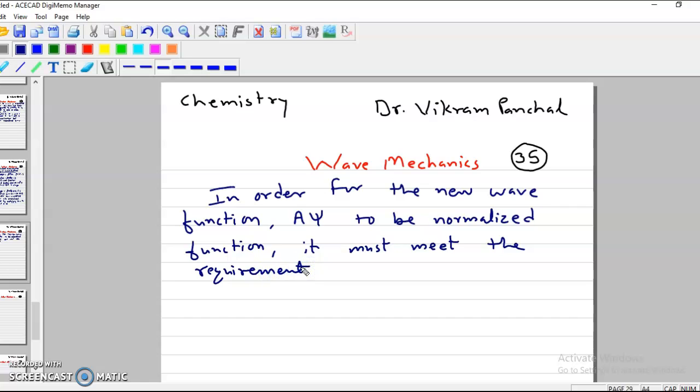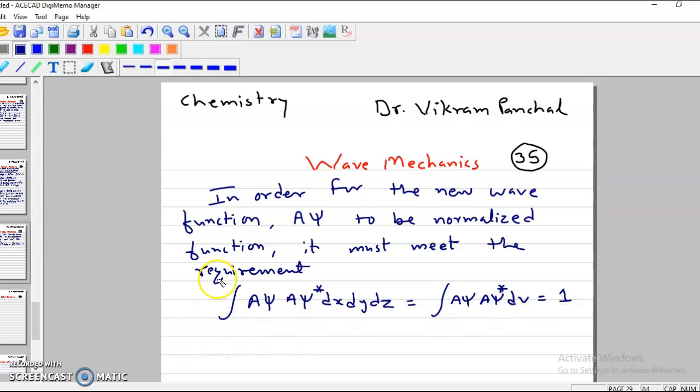So the condition is this one: the integration of a psi into a psi star dx dy dz, that is a psi star into dV, is equal to 1.